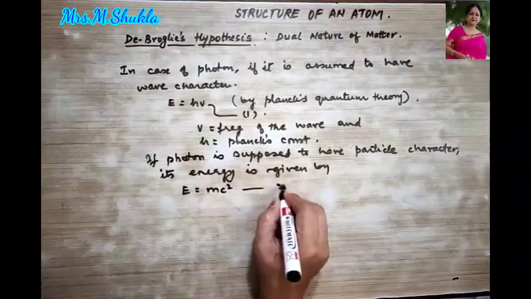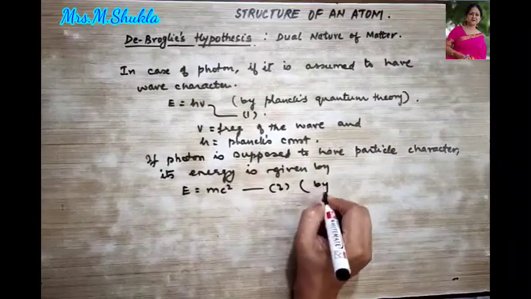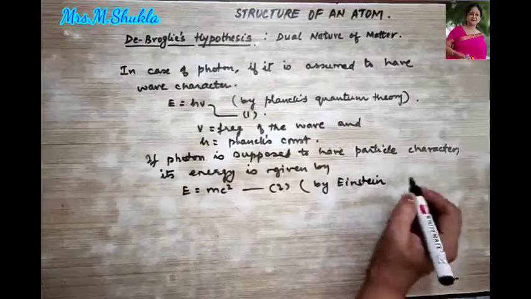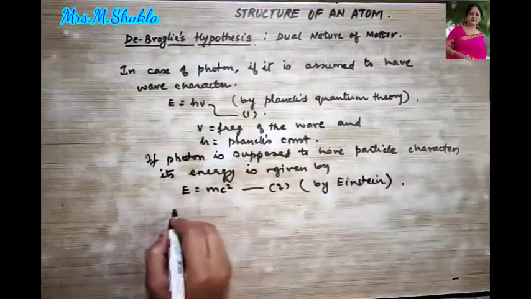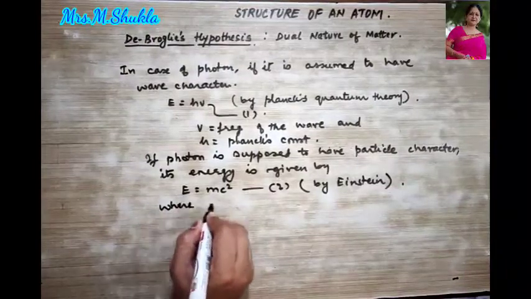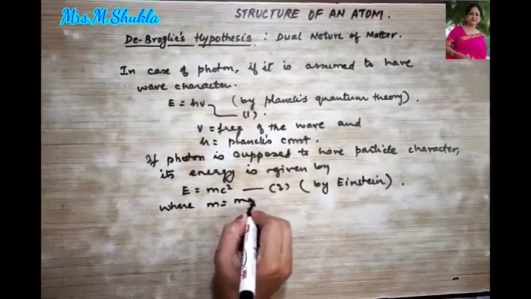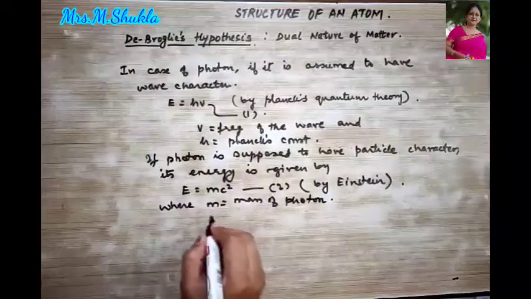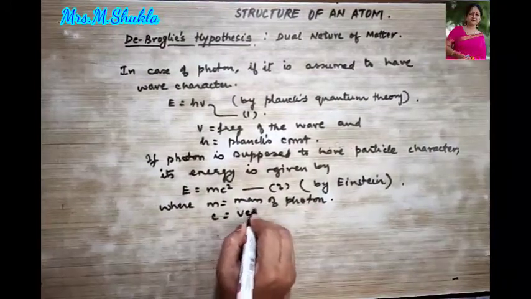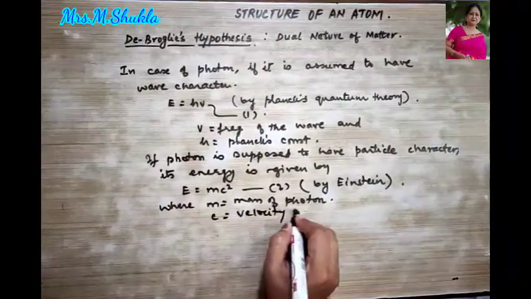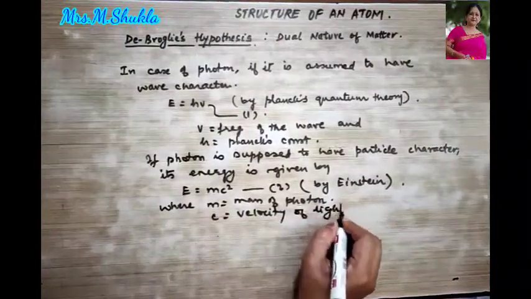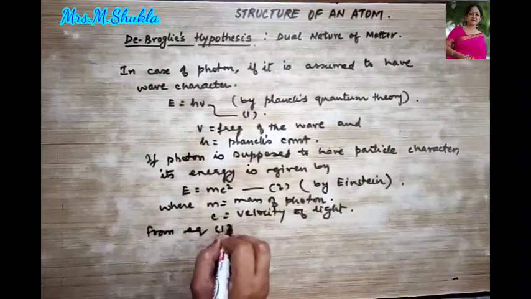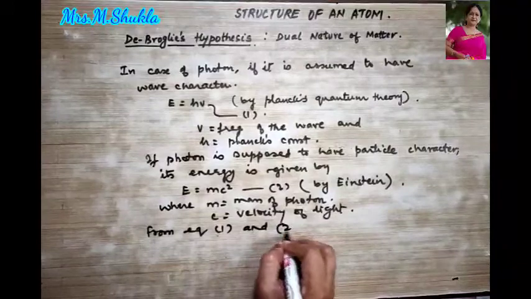This is the second equation. It was given by Einstein. Over here, m is equal to the mass of the photon, and c is the velocity of light. So from equations 1 and 2, what do we get?